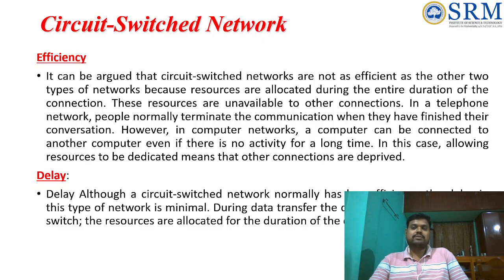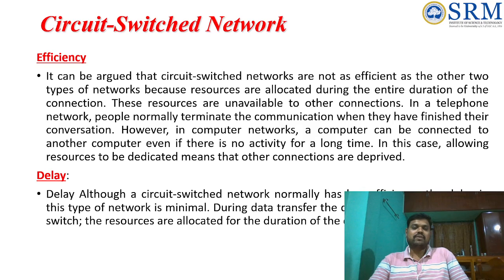Circuit switch networks are not efficient because you need a dedicated line and it requires some time for establishing the connection. So it will create unnecessary delays in the data transfer, and it will create a burden, because in order to create the connection you need to send some additional data, and to terminate the connection you have to send some data as well.